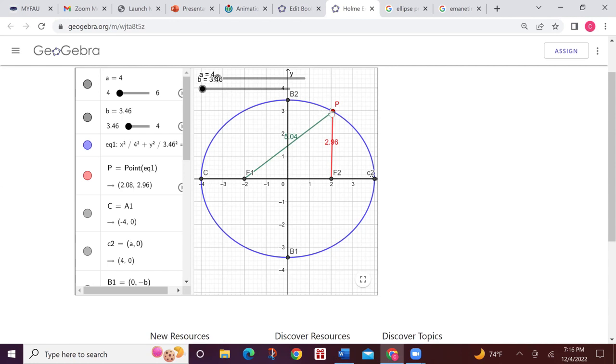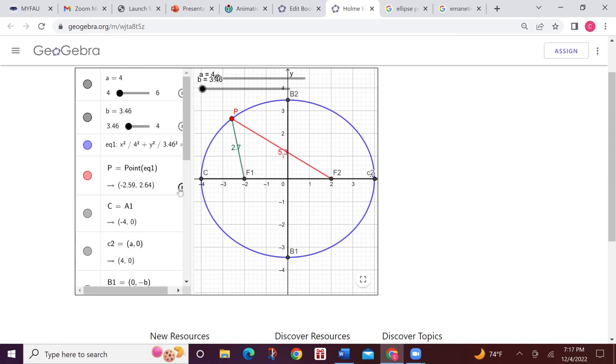It doesn't matter the position of P on the ellipse. Let's try that. You can see here, the distance from F1 to P is now 2.7, and the distance from F2 to P is 5.3. If we add them up, the total will still be 8.